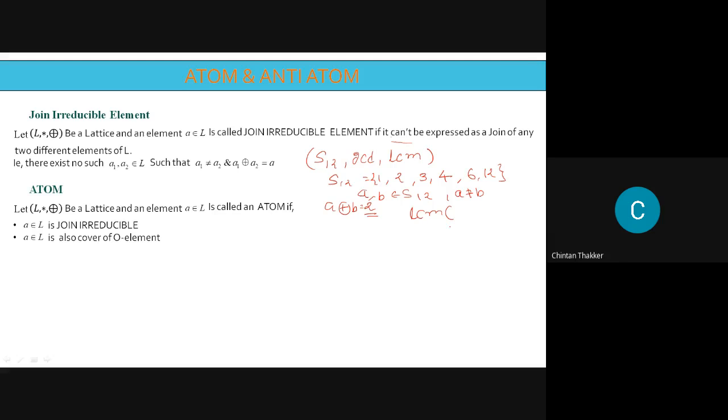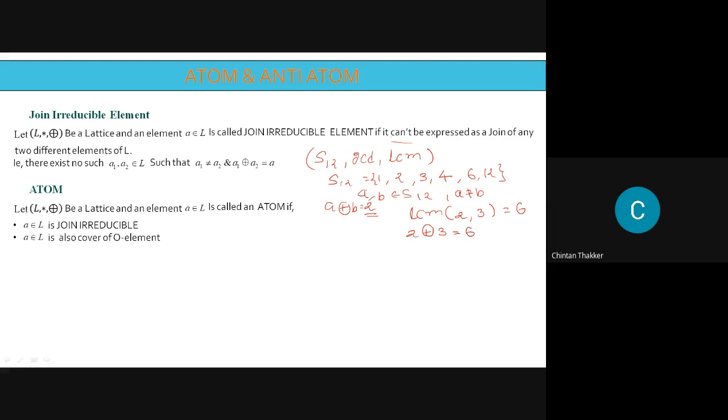But 6, we know that the LCM of 2 and 3 is 6, that is 2 ring sum 3 gives 6. Therefore 6 is not a join irreducible element. Similarly, you can check for 12 also.